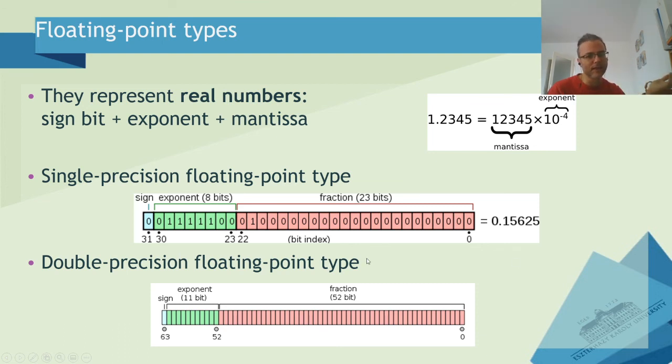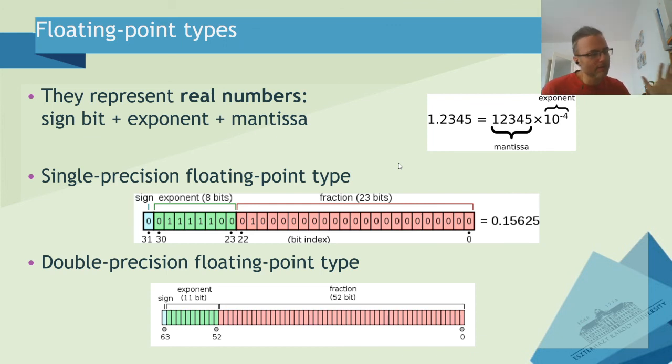If it is 0, then we store a positive number. If it is 1, we store a negative number. Okay, so the sign bit in front, then the exponent, for example, -4 now, and only then in the remaining space you will store the mantissa in the rest of the bits.